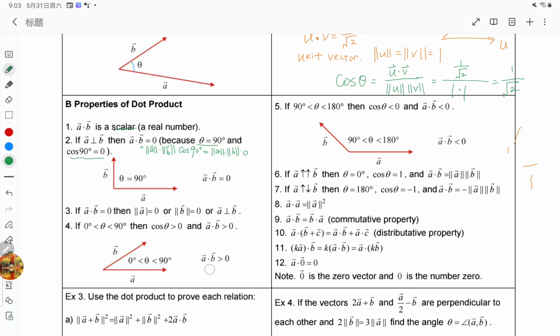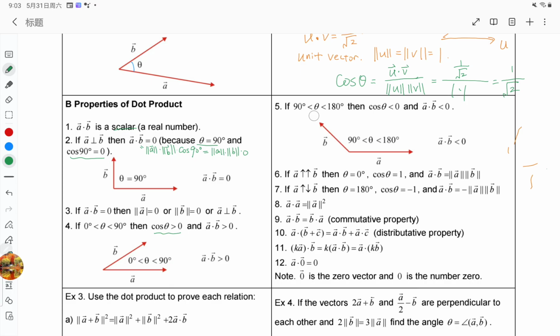And also if the inner product is positive, it means cosine theta is positive, and of course theta is between 0 and 90. Again, you don't need to remember this conclusion, just understand it, right?